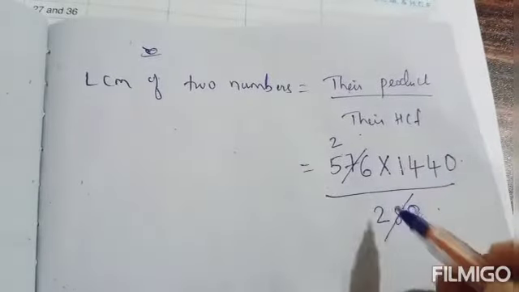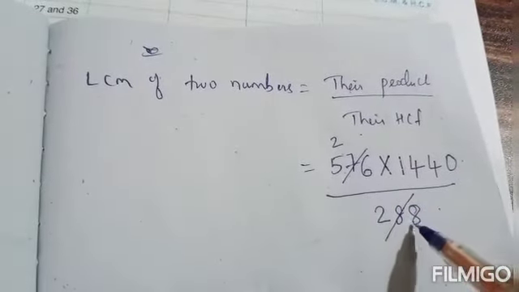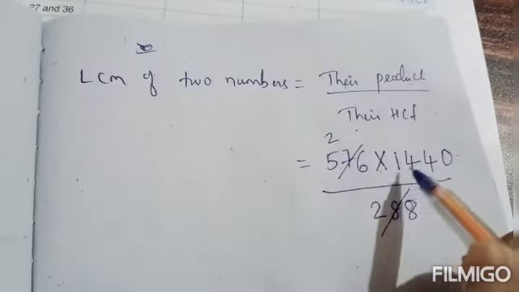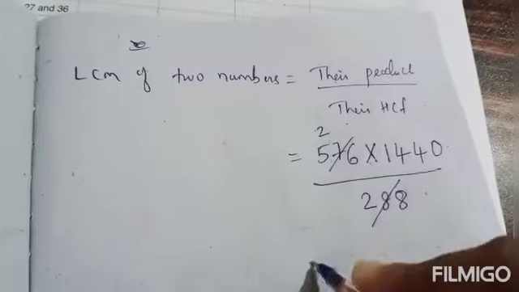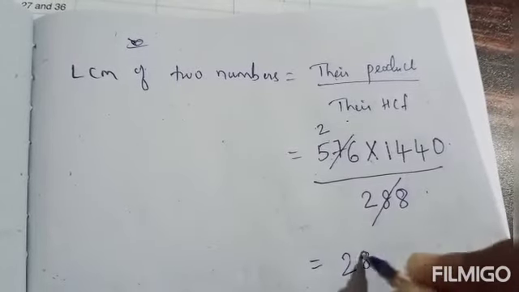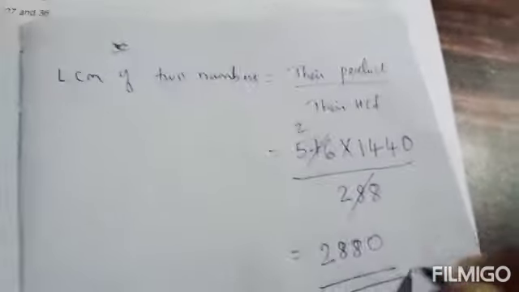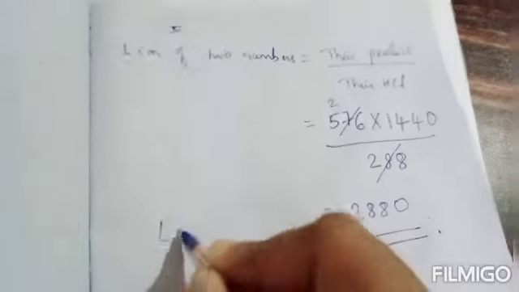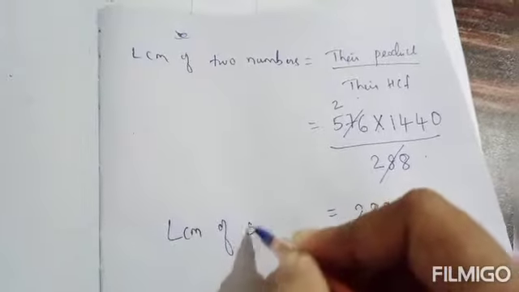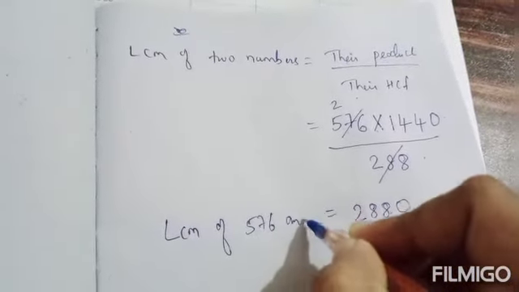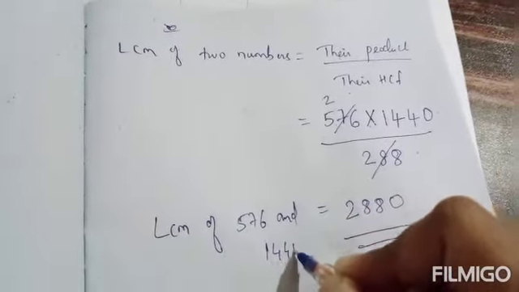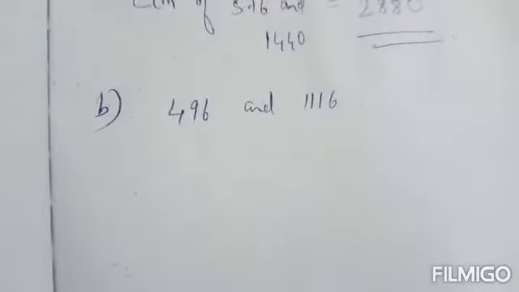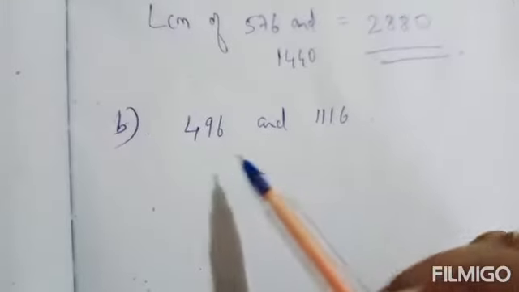So you can cut this. 576 divided by 288, it is 2. Now 2 into 1440, it is 2880. So this is the LCM of 576 and 1440, it is 2880.